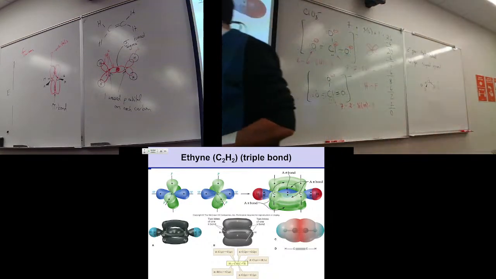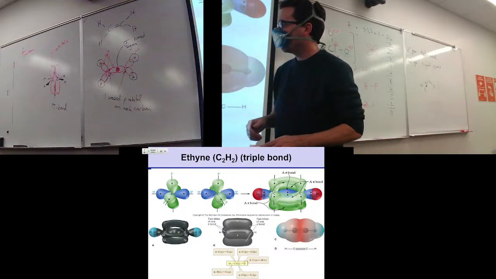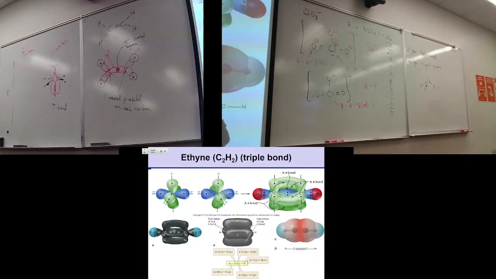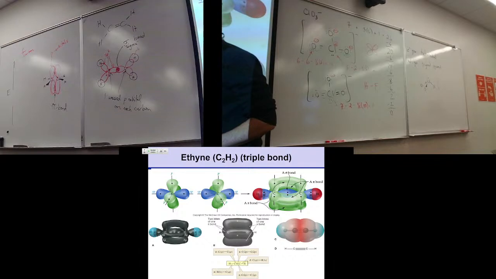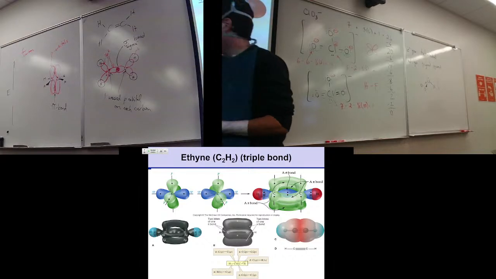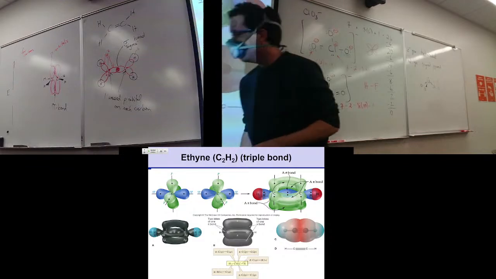Down here, this is just a complicated description of what 2 orbitals make a certain bond. So the sigma bond between a carbon sp and another carbon sp hybrid. The pi bond is made with a carbon p orbital, the 2p, and a carbon 2p. There's a second pi bond made with a carbon 2p and a carbon 2p.